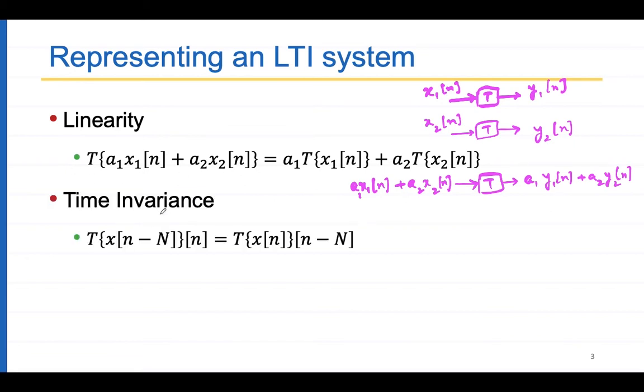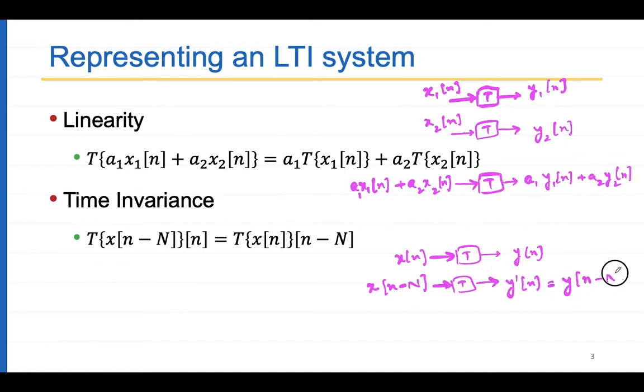Another property now is time invariance. What is time invariance? If I have an input xn which I pass through my system T, I get some yn. And if I pass some input x dash of n, which is basically x of n minus capital N, a delayed input, then my y dash of n should be equal to y of n minus capital N. So this is how I represent it.